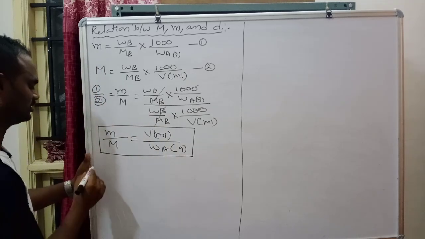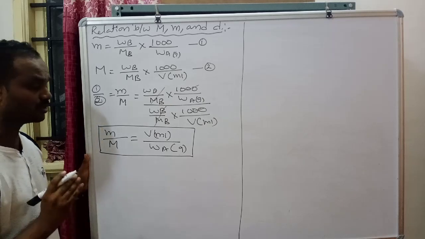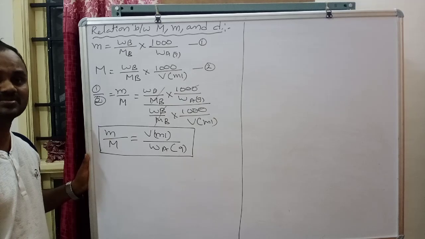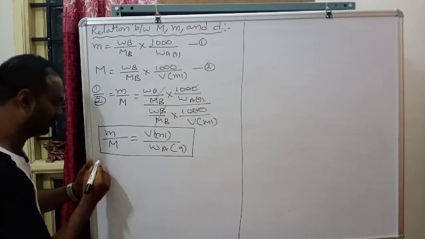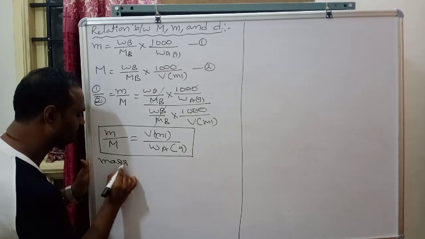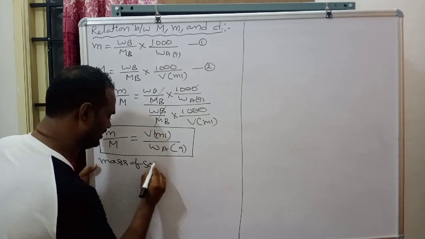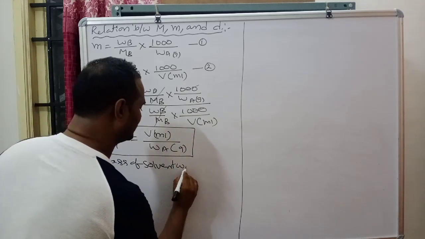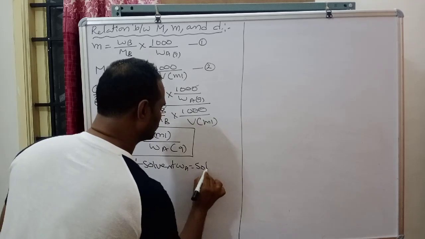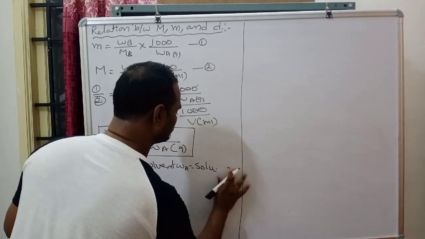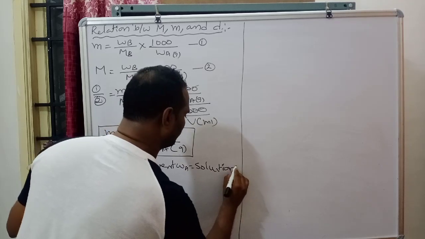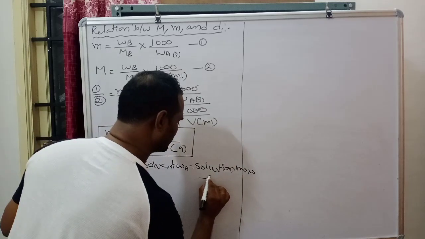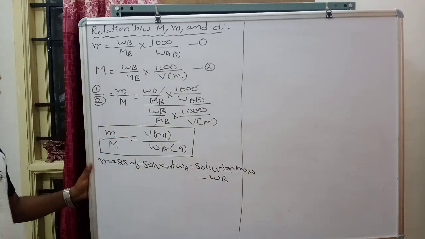Now we need the mass of solvent in grams, so we have to substitute it here. Solution is equal to solute plus solvent, so the mass of solution is the sum of the masses of solute and solvent. Therefore the mass of solvent is equal to the solution mass minus the solute mass WB.